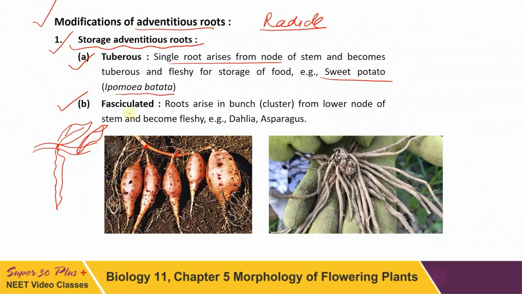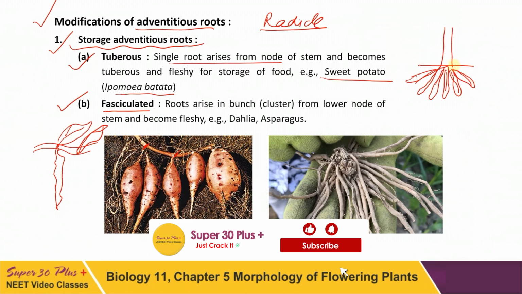The second one is fasciculated. What is there in the fasciculated one? This is the stem, and at the base of the stem many fiber-like roots come out in the beginning. They store the food, and after storage a bunch of such roots becomes irregular in shape.